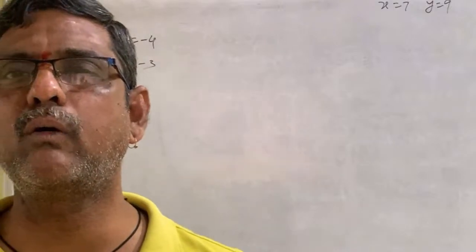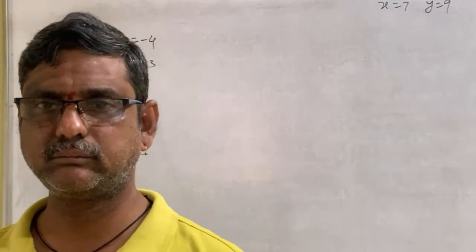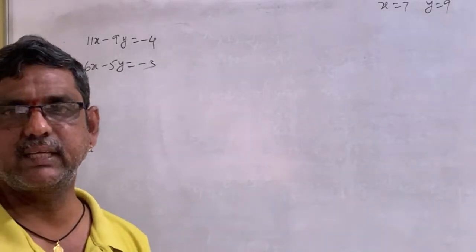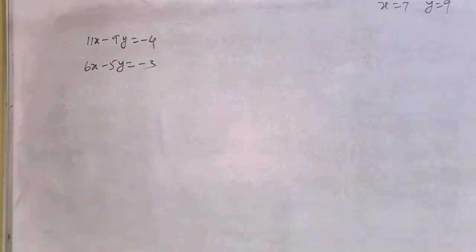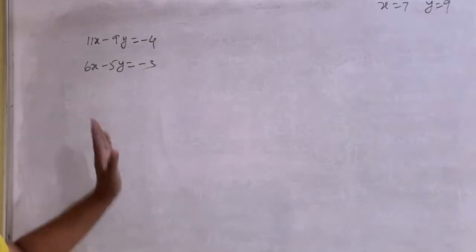So in order to remove one variable, first we need to select the variable that we want to take out. Selecting the variable is step 1. So tell me which variable we can remove here from these two equations.